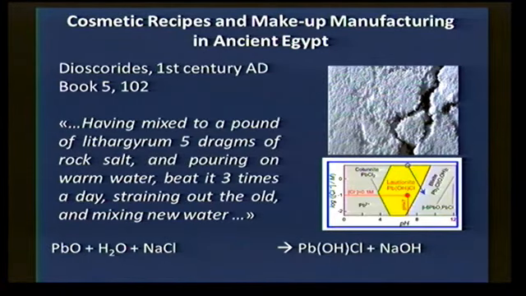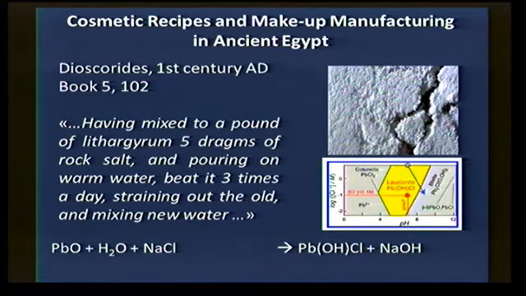So this is a typical example of a recipe here. And this is the source here. And it says, okay, we have to start with lithargium. Basically, if we translate that into modern terms, this is litharge, and this is lead oxide. And then we have to mix the lead oxide with rock salt, so this is sodium chloride.